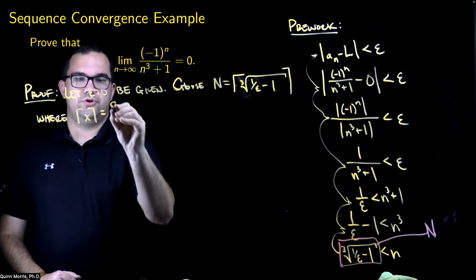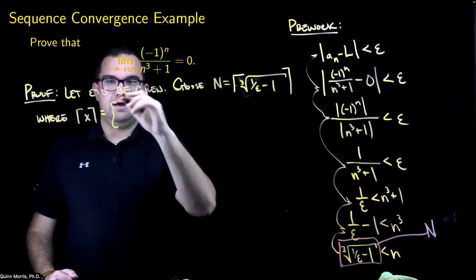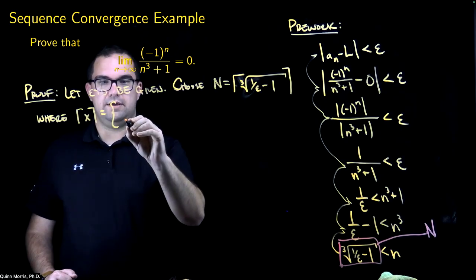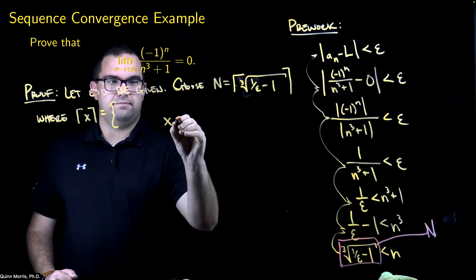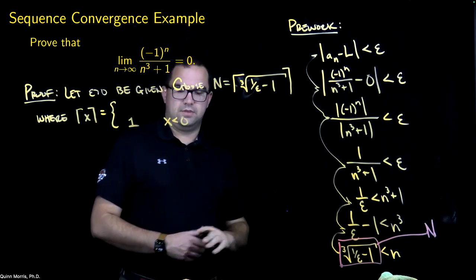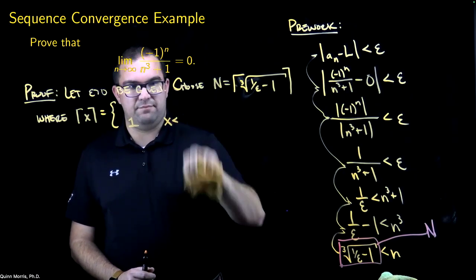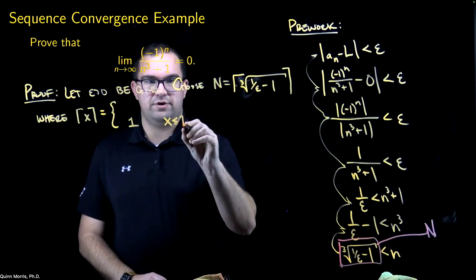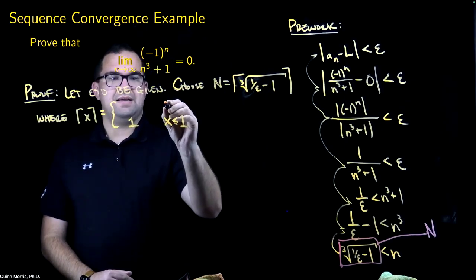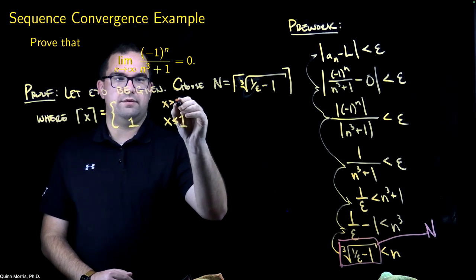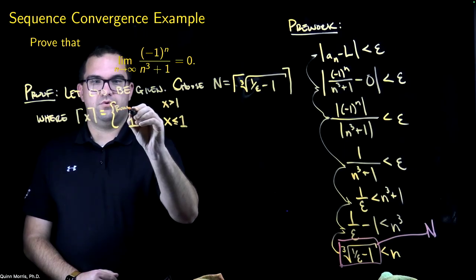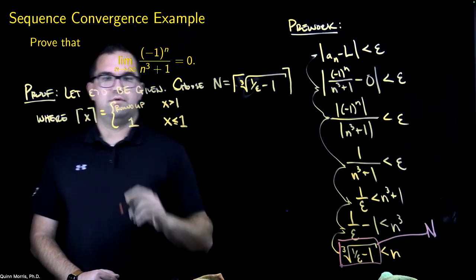What I want this function to do is, if x is negative, let's start there, I just want this to round it up to 1. And in fact, if it's anything less than or equal to 1, I just want it to return 1. Now, if x is greater than 1, this is just going to round up that value.